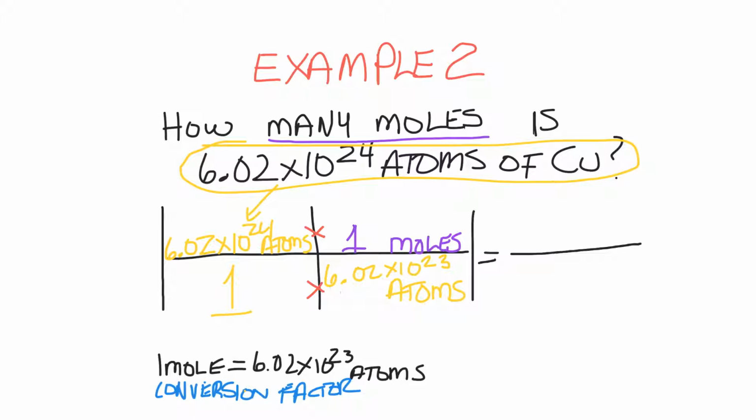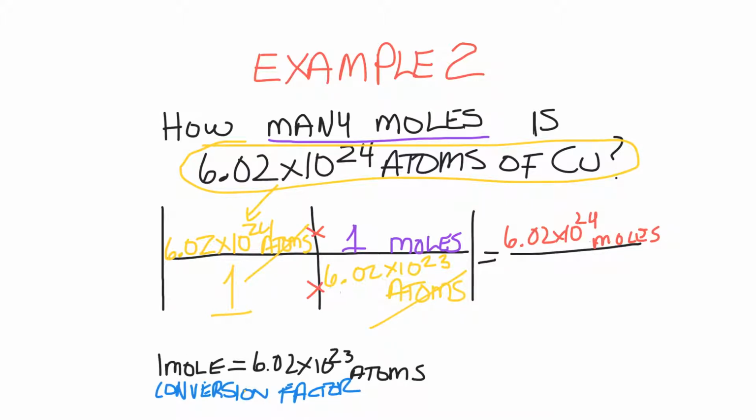And when I do that, my final answer should be 6.02 times 1 is 6.02 times 10 to the 24 atoms. Excuse me, moles. I'm sorry, moles. I have to write moles because atoms is not correct. And why is it moles? Because that's the unit that I'm left with after I do the cancellation. Remember, the atoms here will cancel with the atoms here.